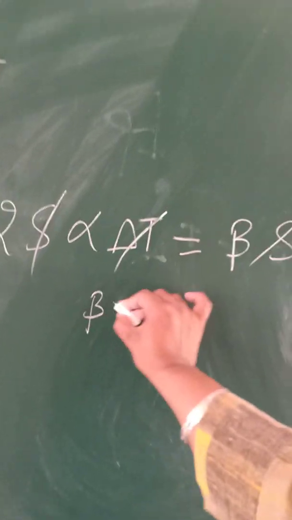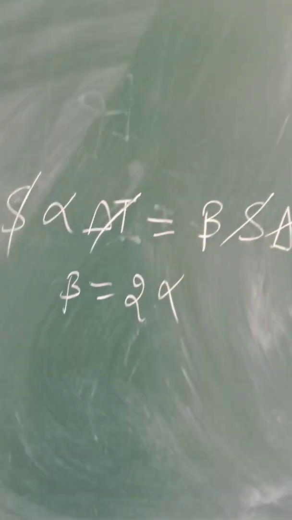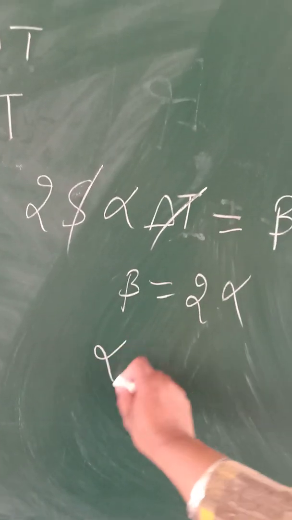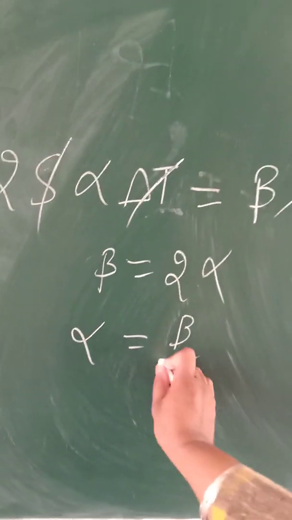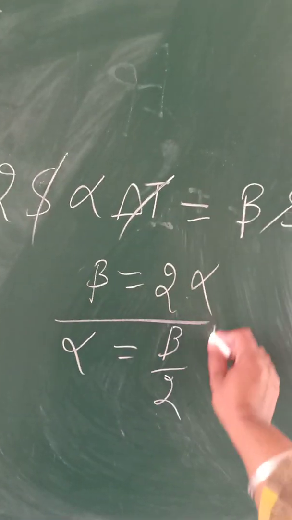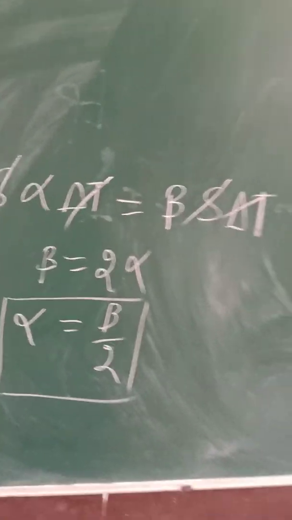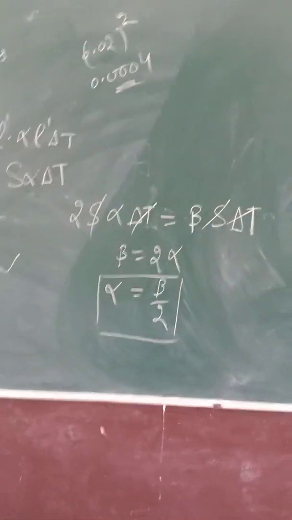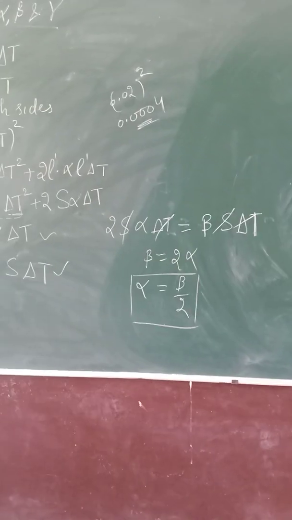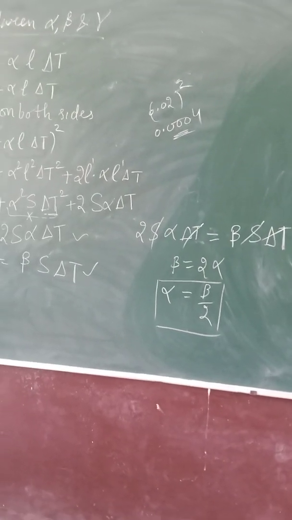So we have beta equals 2 alpha, or we can also write it as alpha equals beta by 2. Clear? So this is the relation between the coefficient of linear expansion and superficial expansion.